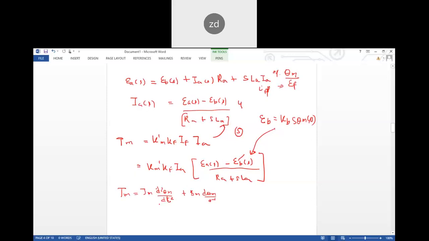In the Laplace domain it is written as Jm s square plus s Bm, because d by dt means s and d square by dt square means s square. So Tm is equal to Jm s square plus s Bm, times theta m of s. You can see this equation 6 and equation 7.